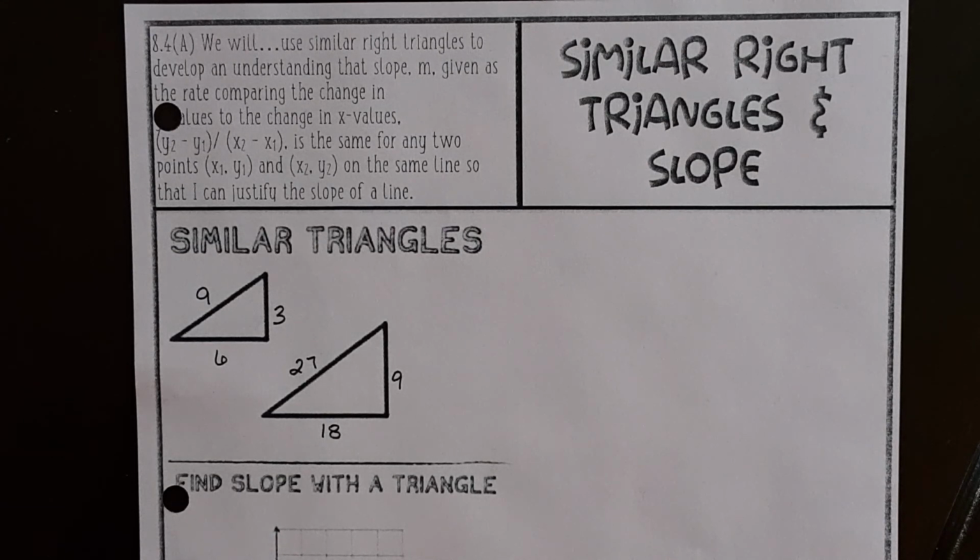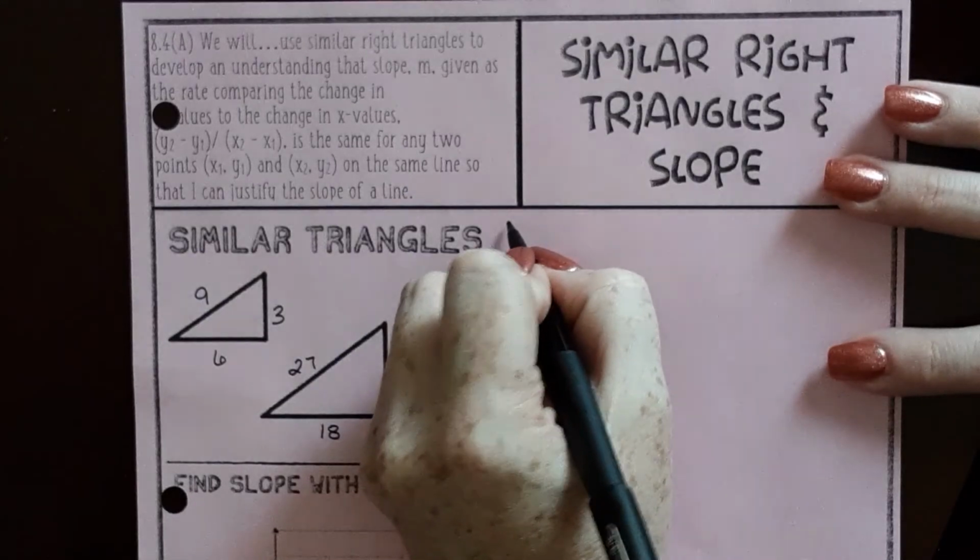Okay. So similar triangles have the same ratio between the sides. I'd like you to write that up here.